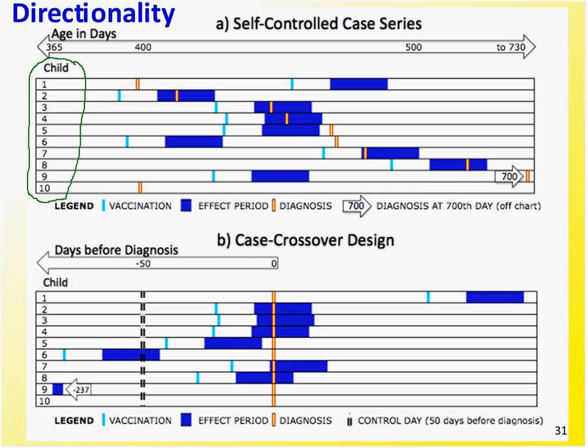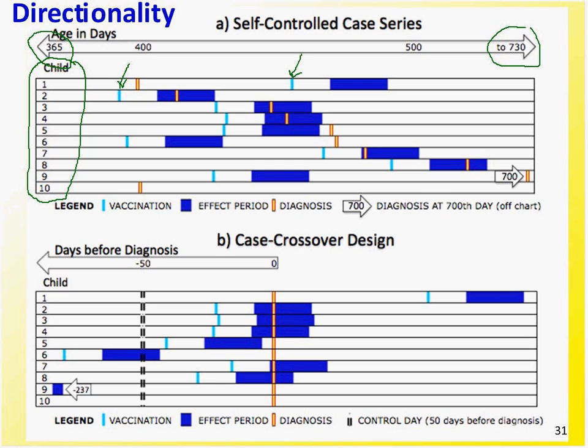and over their second year of life, here 365th day up to 703, and there is the date of vaccination, the light blue here. Here, so forth.